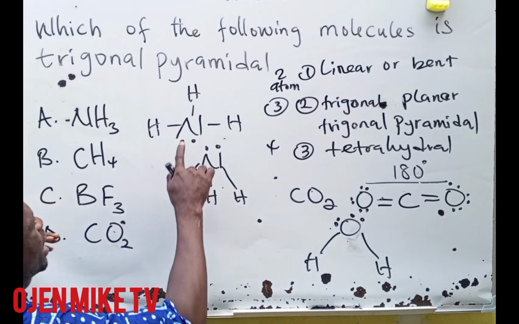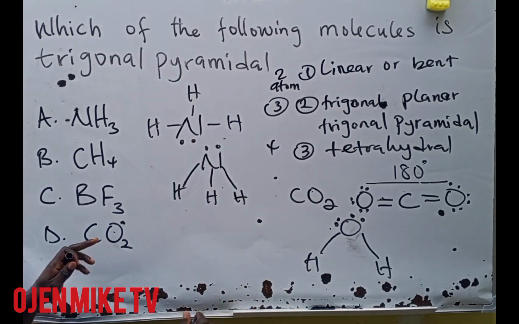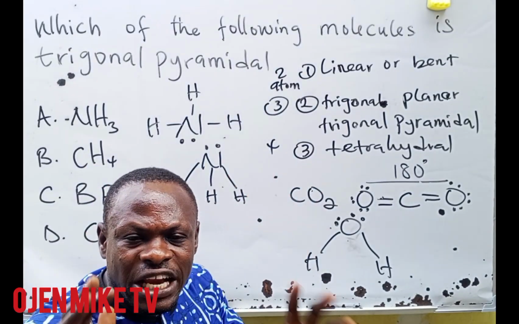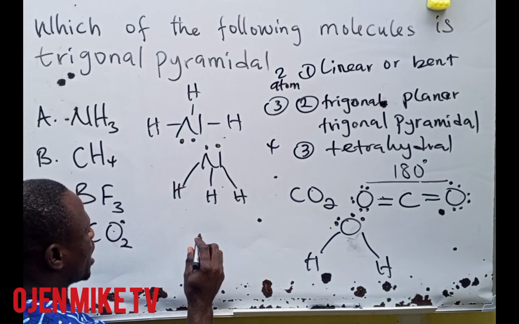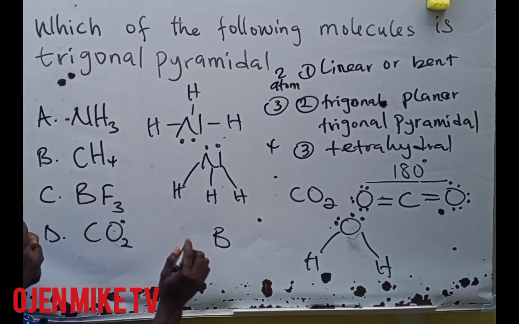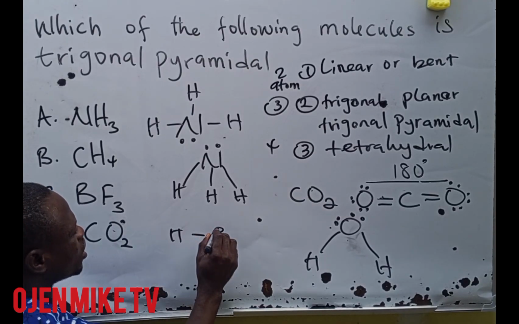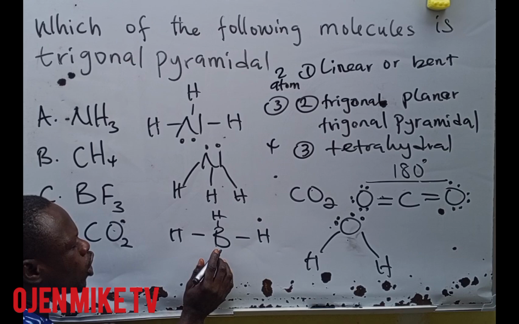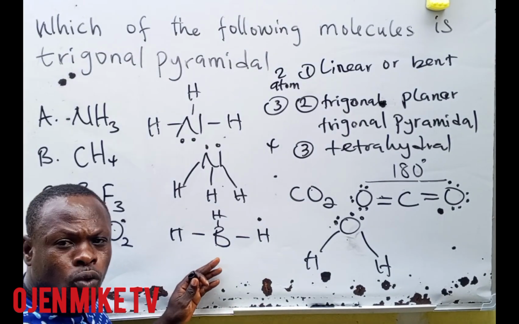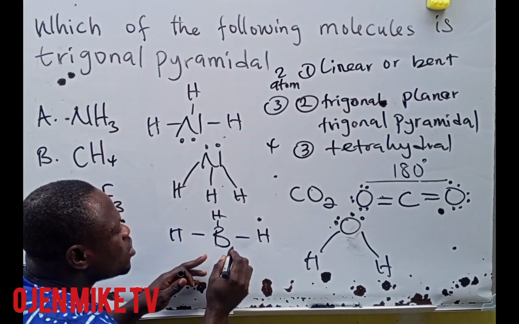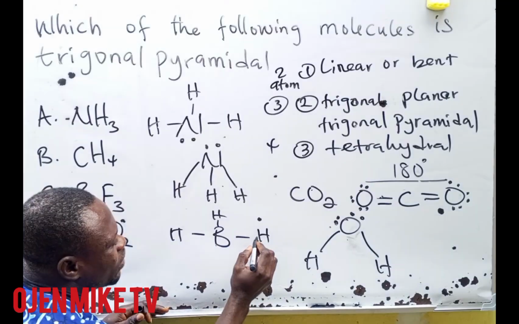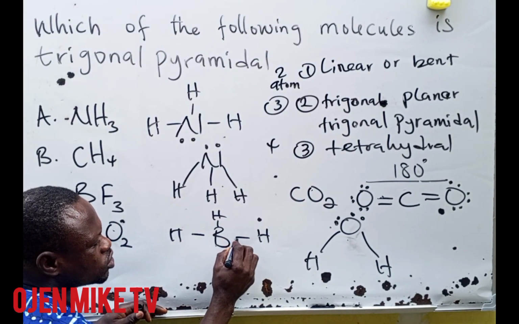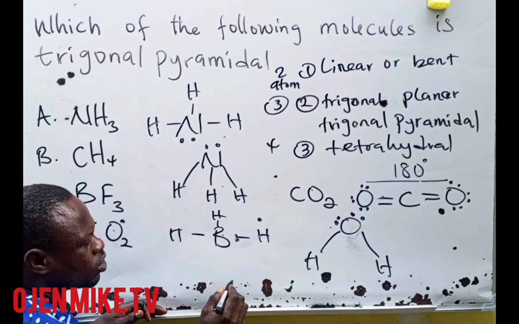Now trigonal planar is like this. Let me use the example of boron, which has 3 valence electrons in its shell. Look at it now. B is surrounded by H here, H here, H here. Do you get that? Boron does not have any unpaired electron because it has 3 valence electrons, and hydrogen will share one, and boron will share one of its own.